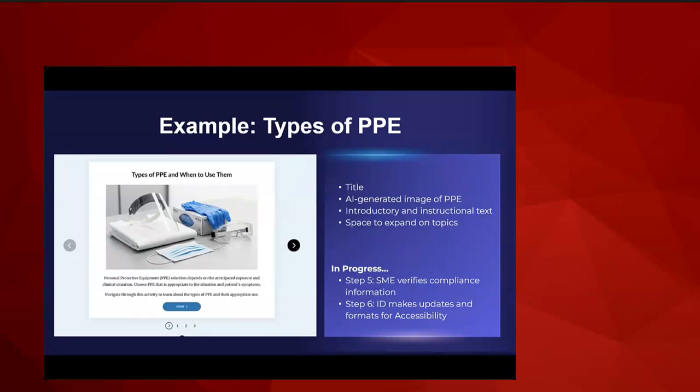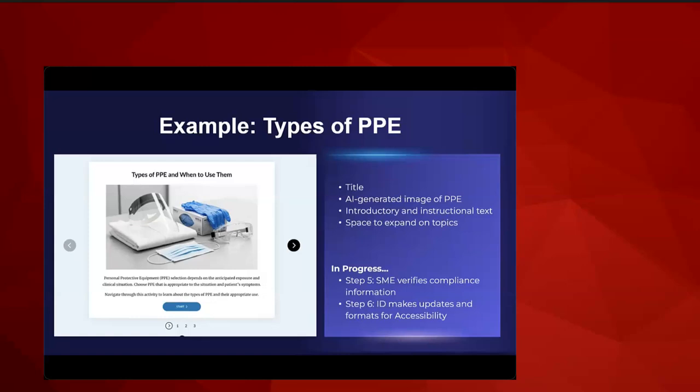Below the image is introductory text, as well as instructions about how to participate in the process activity, which allows space to expand on each type of PPE. Keep in mind that this is only one example. I went through each of the 2 lessons and compared them to the content presented in the PowerPoint slide deck to ensure consistency.